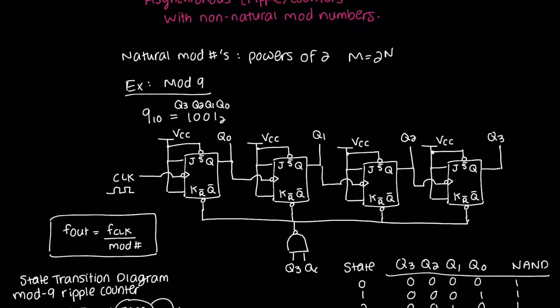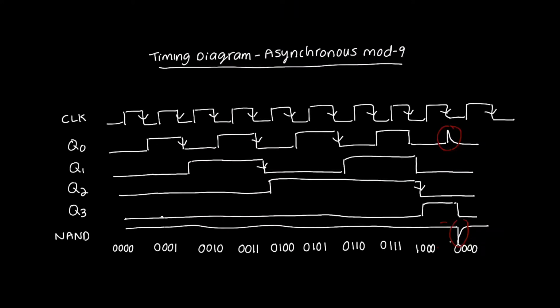Now, there were actually two problems that we had with asynchronous counters that we can see in the timing diagram. The first and most glaringly obvious problem is that we have this weird glitch over here in Q0, and that glitch is caused by the fact that when Q3 and Q0 are both high, and this only occurs for the first time when the counter reaches 1001, which is 9, the NAND gate, whose inputs are Q0 and Q3, goes momentarily low.